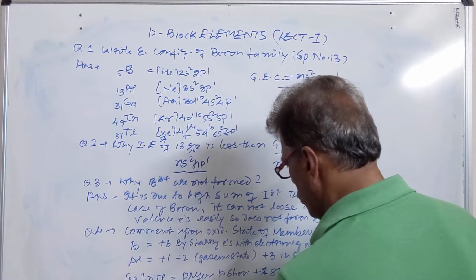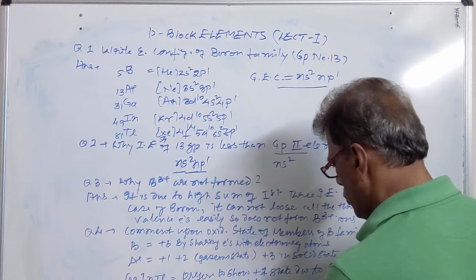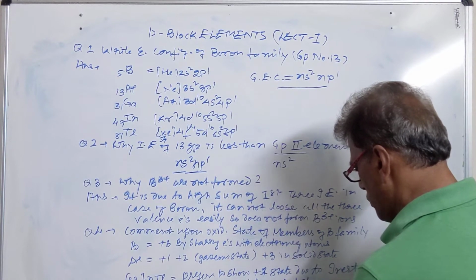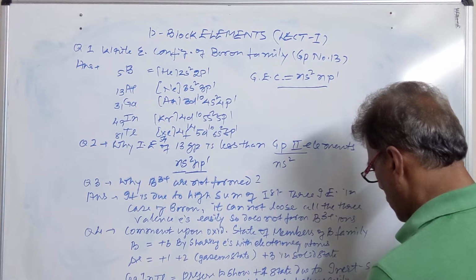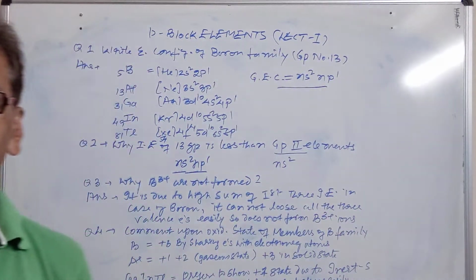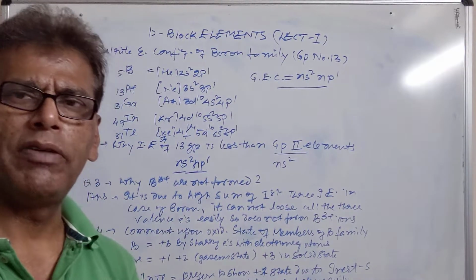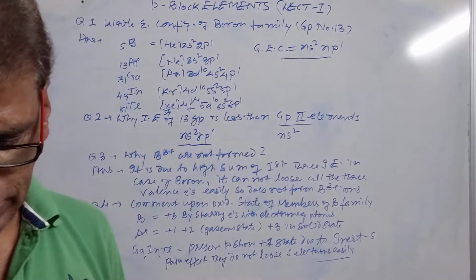They do not lose s electrons easily. They lose p electrons more readily as compared to s electrons. That's why they prefer to show +1 state. They do not show +3 state.